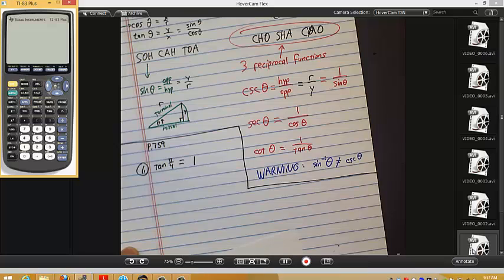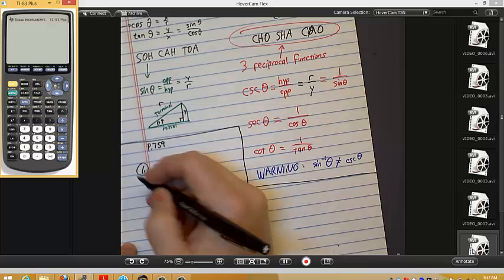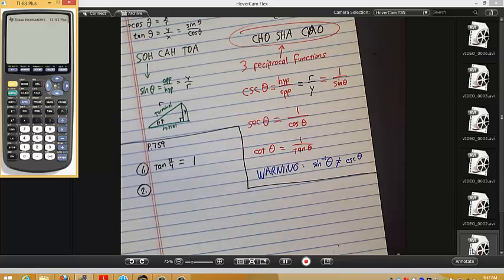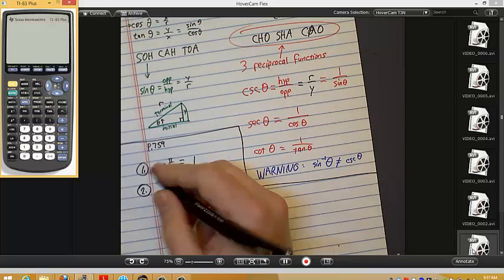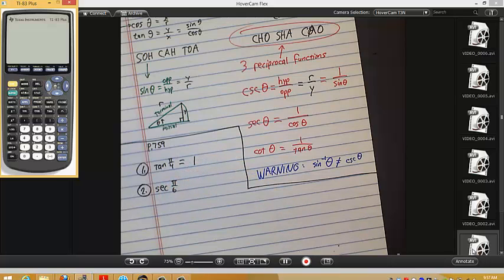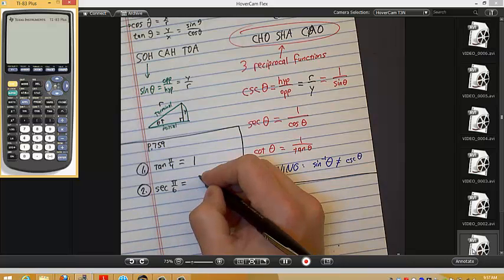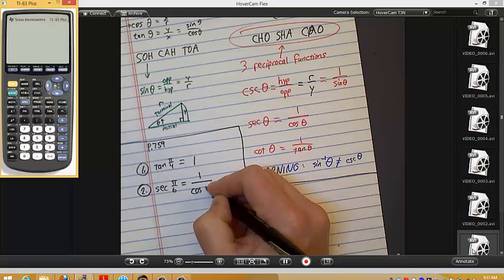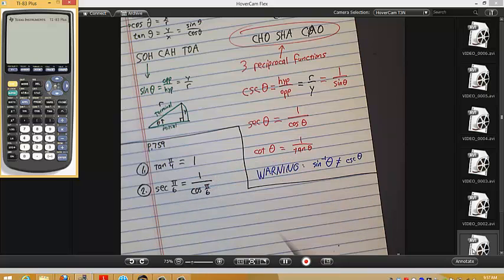Number 2 asks for the secant of pi over 6. Okay, well, if I'm doing this one, I would probably write this is 1 over the cosine of pi over 6, right? Because the secant is the reciprocal of the cosine.